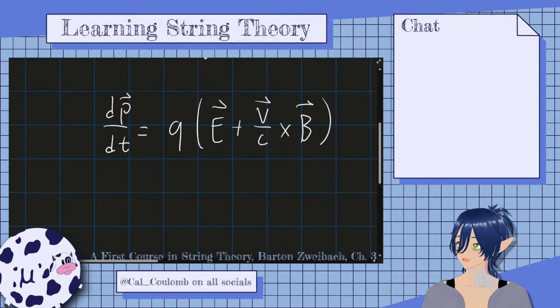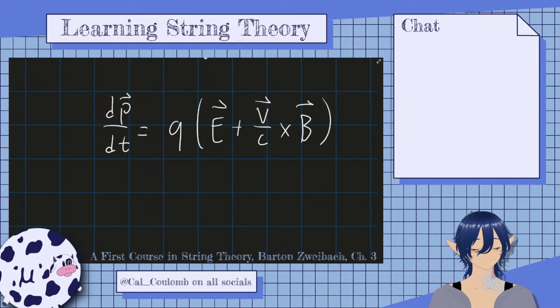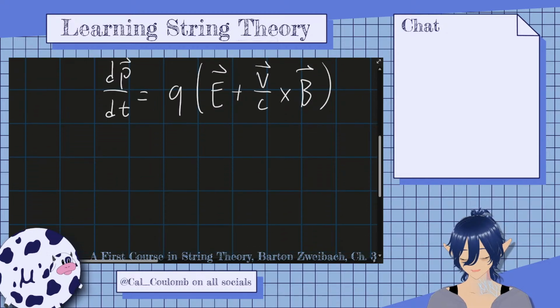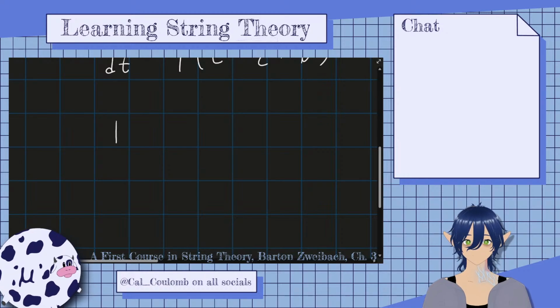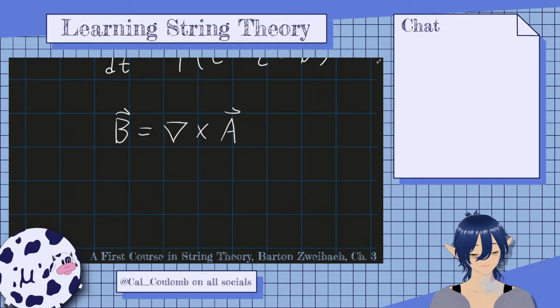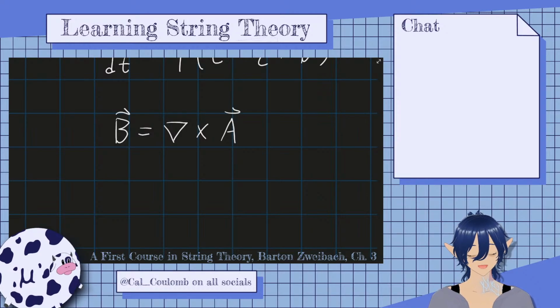Since the magnetic field B is divergence-less, it can be written as the curl of a vector, the well-known vector potential A. So we have this definition here that B is the curl, so del cross some vector A. In electrostatics, the electric field E has 0 curl and is therefore written as minus the gradient of a scalar field, the well-known scalar potential phi.